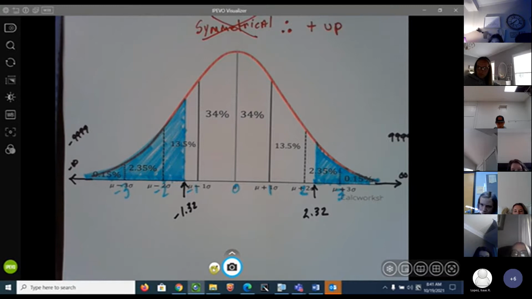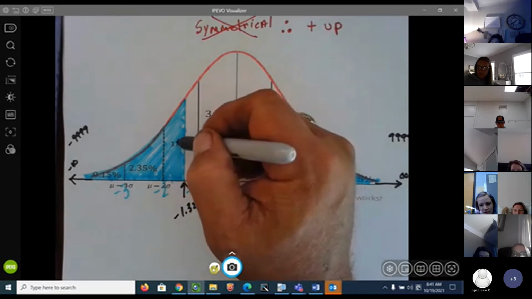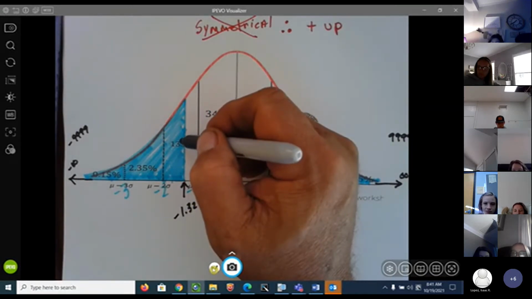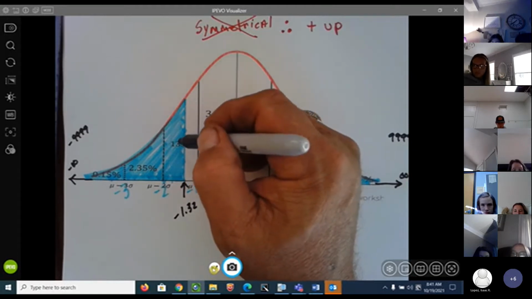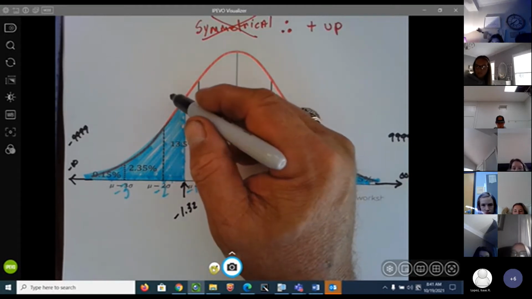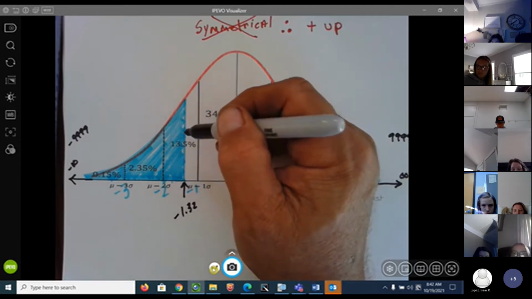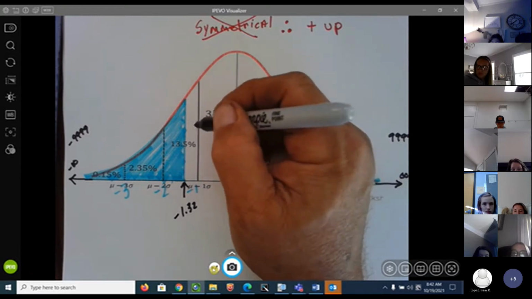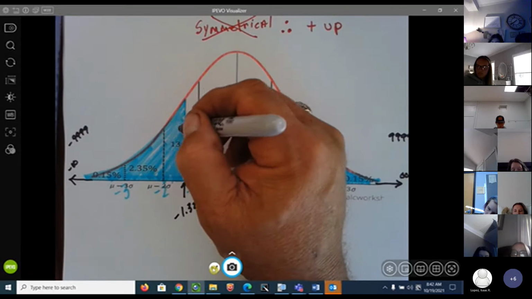So the empirical rule says, let's see, this is 2/3 of 13.5. So let's say 14. 14 divided by 3 is 4.7, maybe 4.5. We'll just say 4.5. So that'll be 4.5 and 4.5.